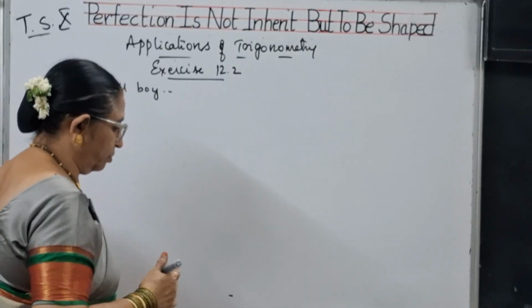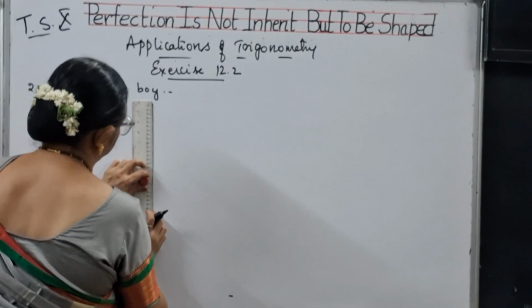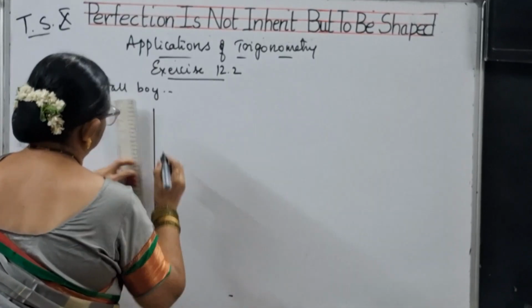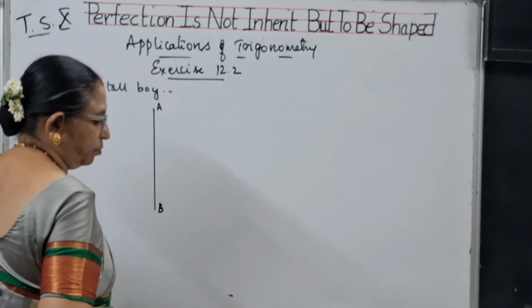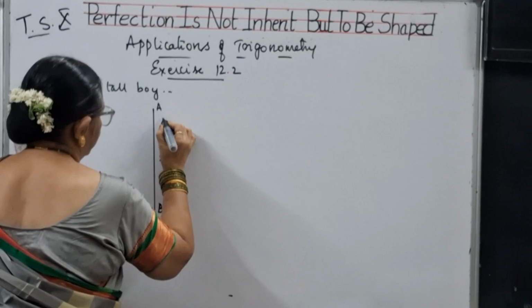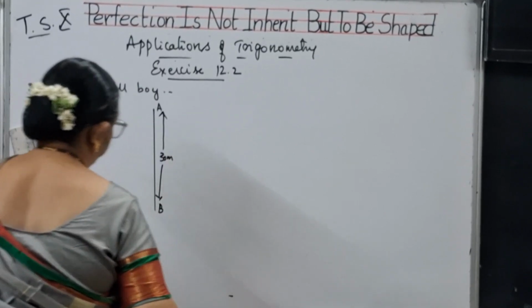So let us talk about the problem. The diagram we will do. First, let me take AB is the height of the temple, which is 30 meters in height. This total height is 30 meters.